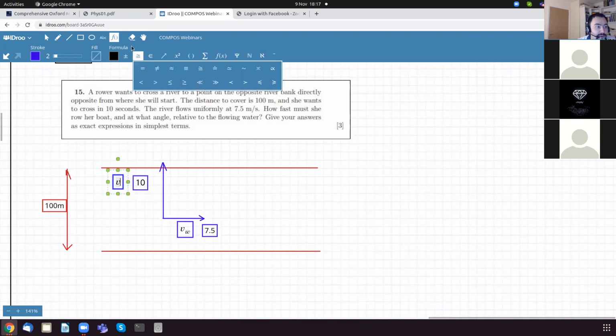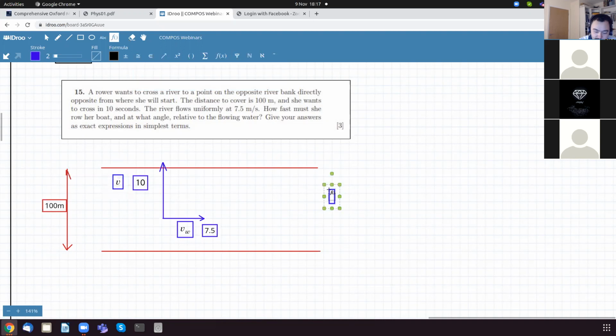And there's the velocity of the river. Well, we know that we have her velocity. Velocity is equal to velocity of the water plus... this is her velocity relative to the ground.